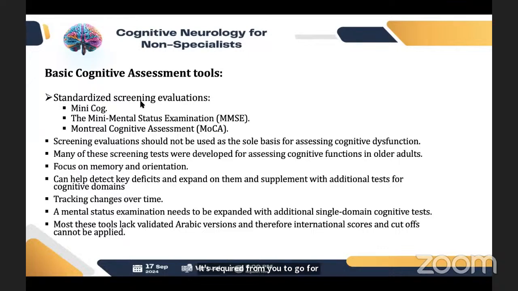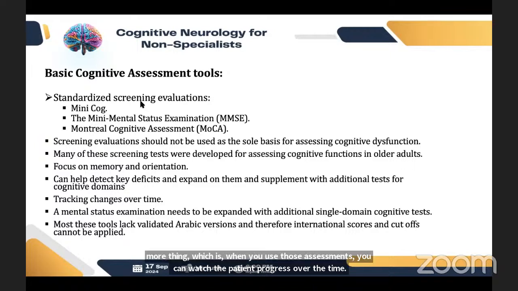And it focuses on memory and attention and orientation. Actually, there are three. The MoCA has a lot of cognitive domains. It helps you to track the patient's cognitive function. One more thing, when you use those assessments, you can watch the patient's progress over time.